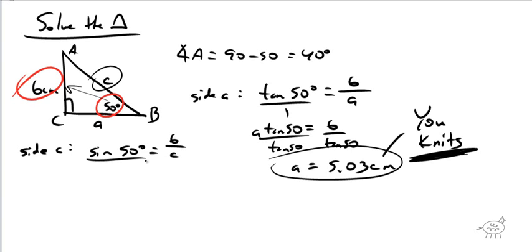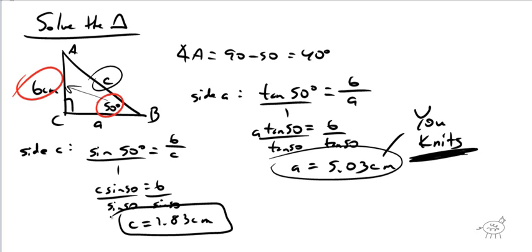You cross multiply and you get C sine of 50 equals 6, so C equals 6 divided by sine of 50. So C comes out to be 7.83, and again, don't forget your units. Okay? Not bad. It's really pretty easy.